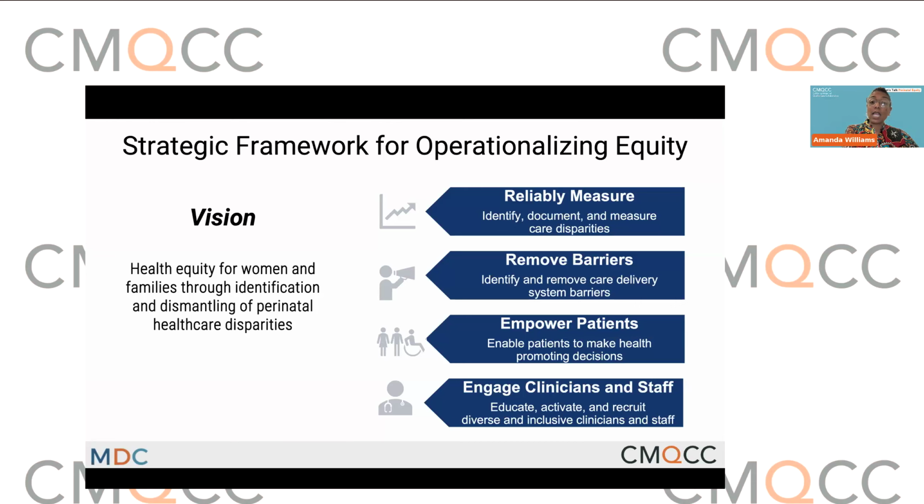We have to be able to reliably measure and document what's going on. Fortunately, in California, you have the MDC, the Maternal Data Center, to be working with to help you along this way. We have to be able to remove barriers. There's some things out in the community that we're not going to be able to fix. So you're not going to be able to probably plant a whole new park in a chronically disinvested neighborhood to be able to help folks have more healthy places for exercise.